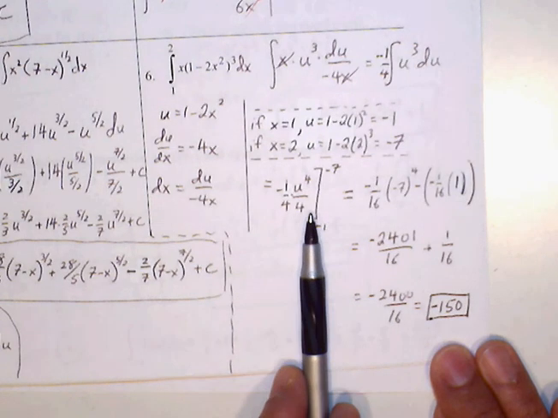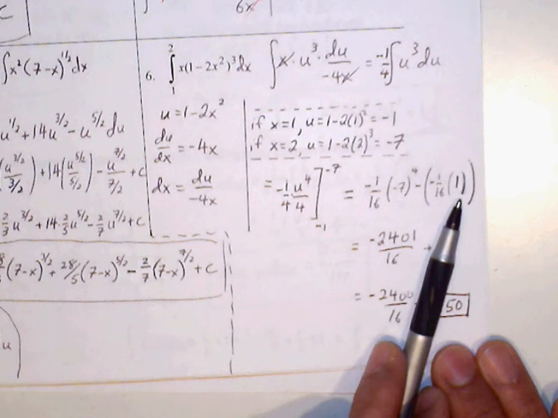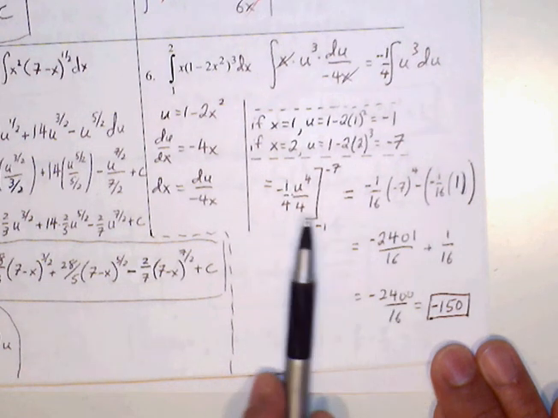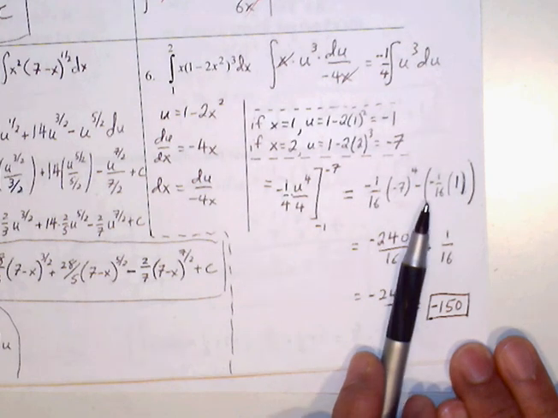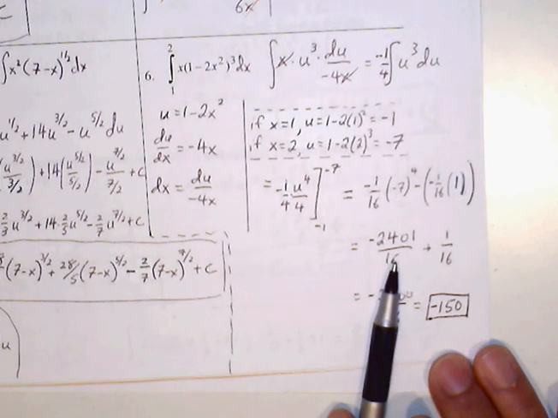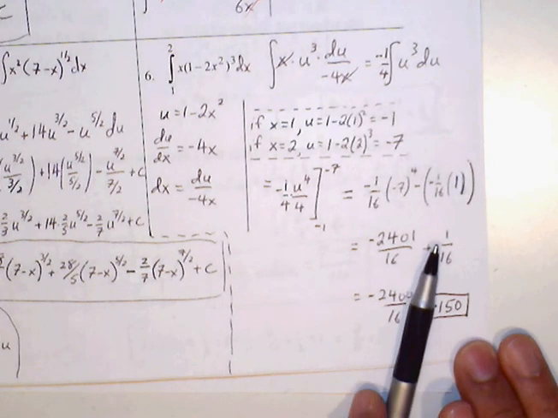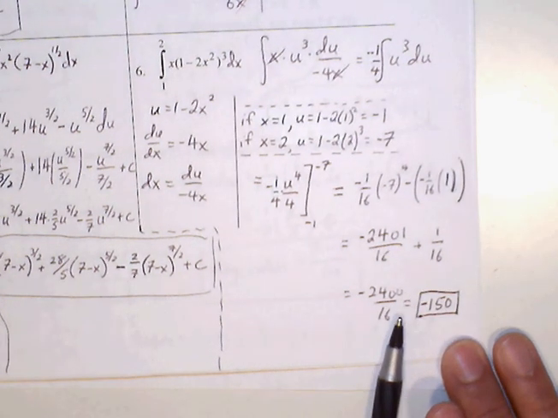So negative 1/16 times 1 to the 4th. I went ahead and multiplied the 4 together to give me 16. So we get negative 2401 divided by 16 plus 1 over 16. The two negatives cancel out, and we're going to get negative 2400 over 16, which reduces to negative 150.